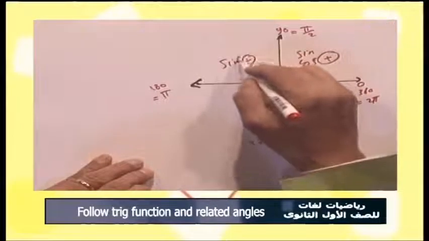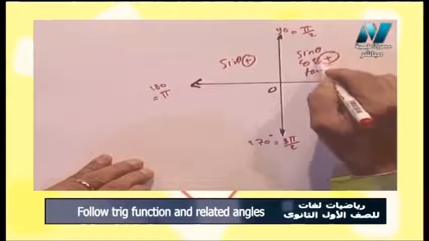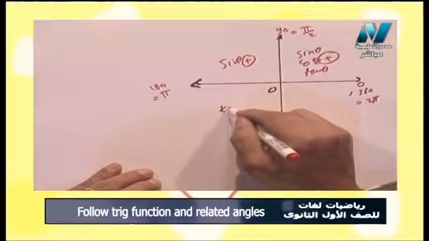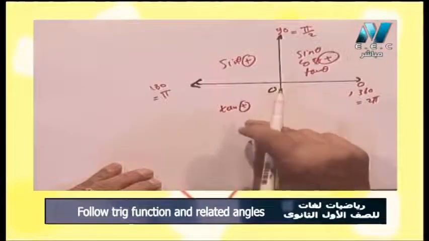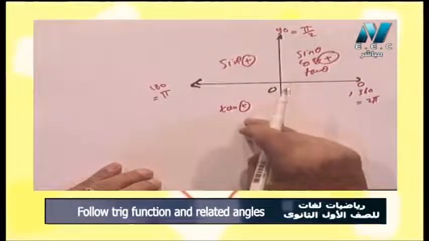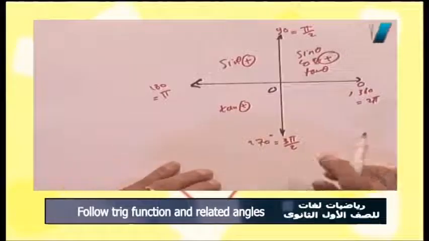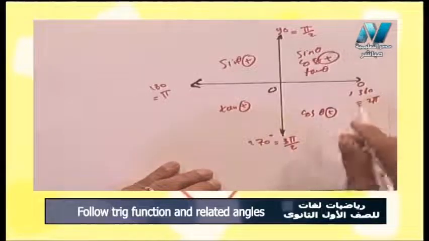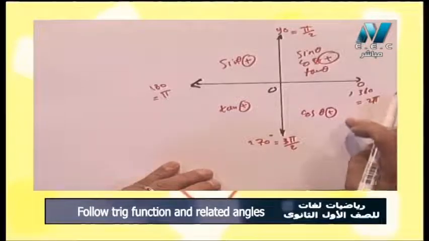Sine theta, of course. Theta is an acute angle. And tan theta only is positive here, but sine and cosine are negative. But cosine here is positive, and sine and tan are negative.